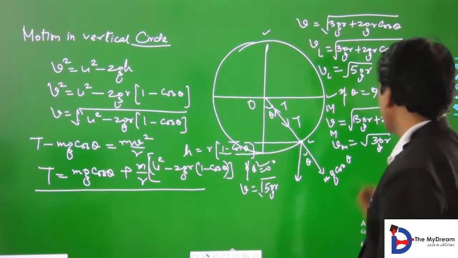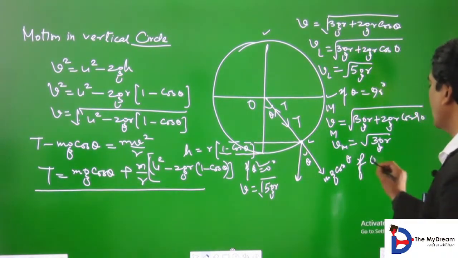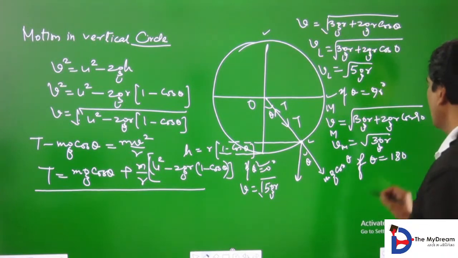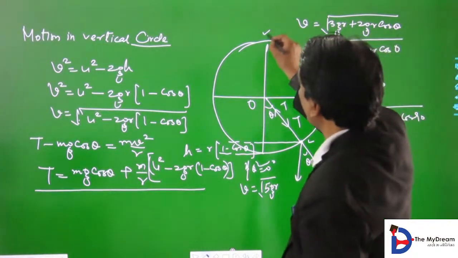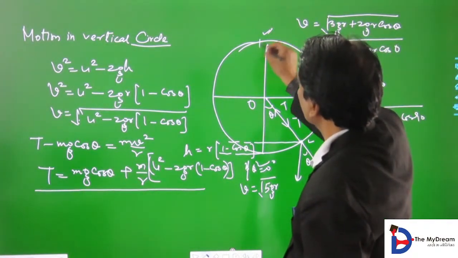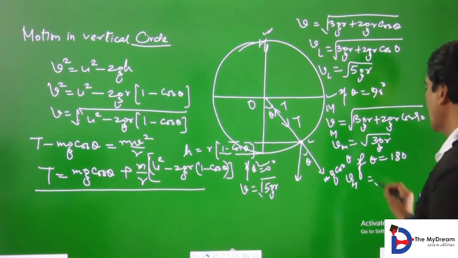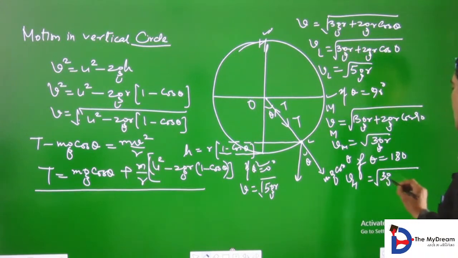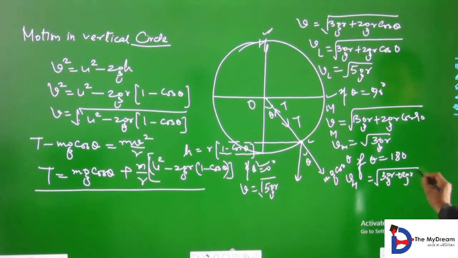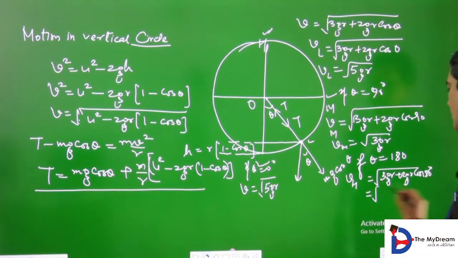If theta is equal to 180, that is the highest point, at the highest point, v_H, लिख लो. So v_H is 3gr plus 2gr cos 180, cos 180 is minus 1, then you will get 3gr minus 2gr. So it will become the minimum velocity.